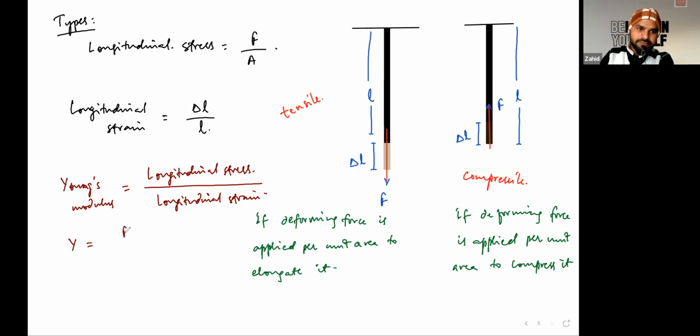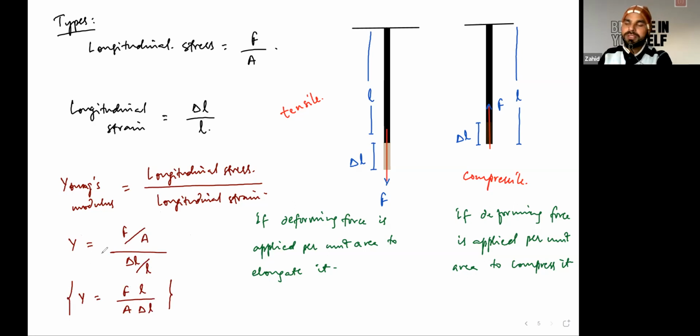Longitudinal stress is force per unit area. Longitudinal strain is delta L divided by L. So on rearranging, you will get Y equals F into L divided by A into delta L. And this Young's modulus will have the same property as we just defined for modulus of elasticity.